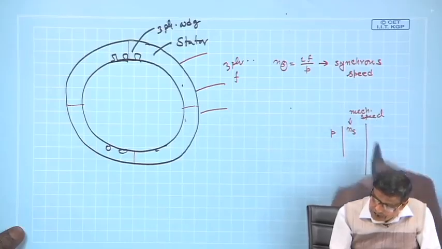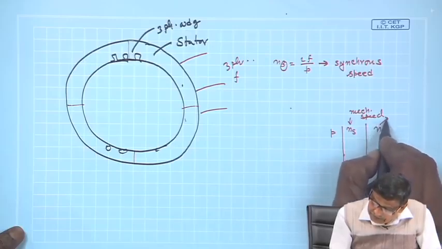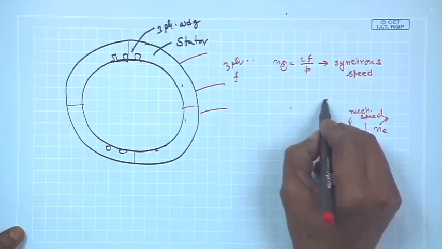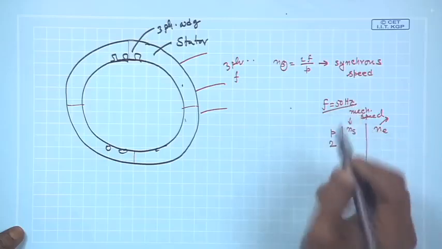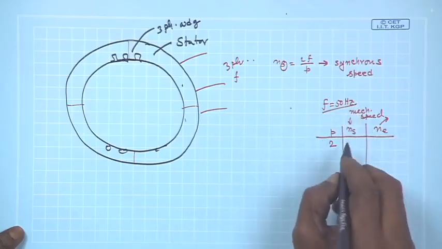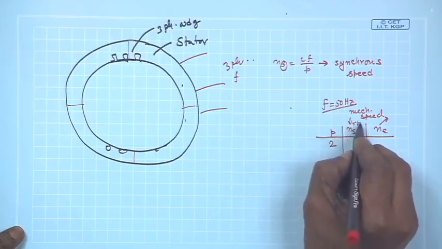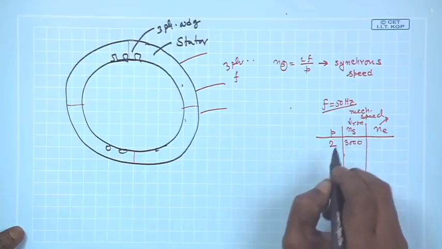and also suppose I make a table of electrical speed Ne. If it is 2 pole and supply frequency is 50 hertz, this table is worth memorizing, and also it is easy. 2 pole in RPM will be 3000 RPM.